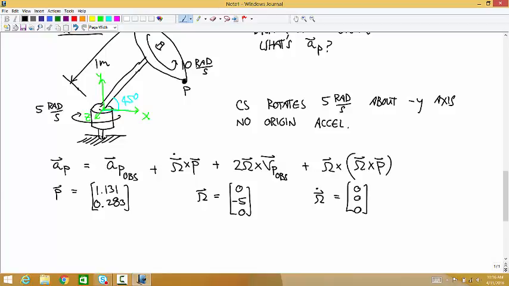So then what we want to do for that is forget about all this happening and just, what if we had a problem where this was fixed to the ground and you had a disk rotating around? How would you do that calculation?